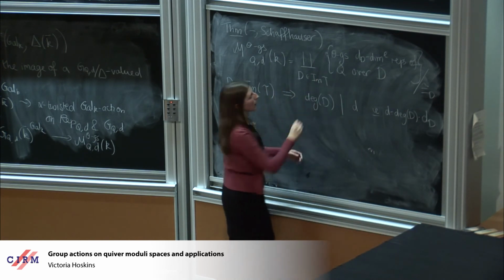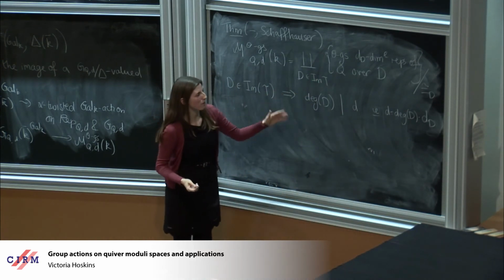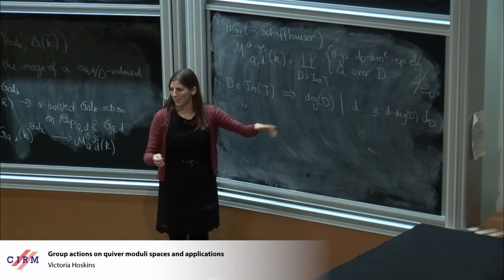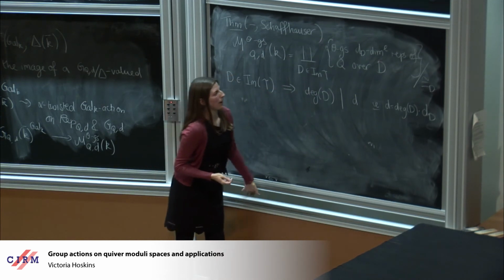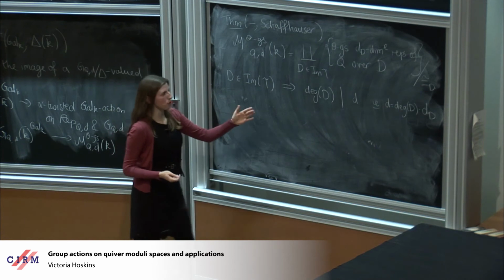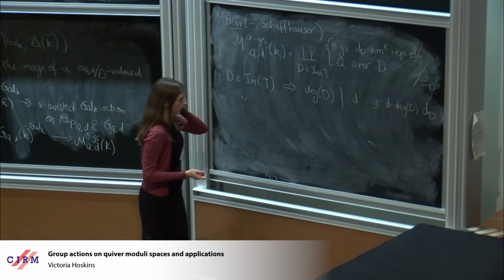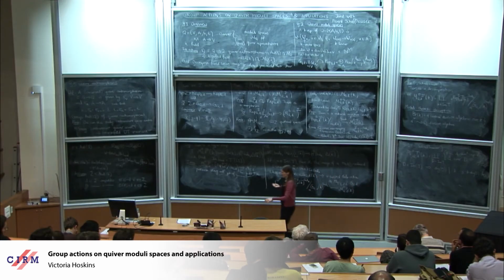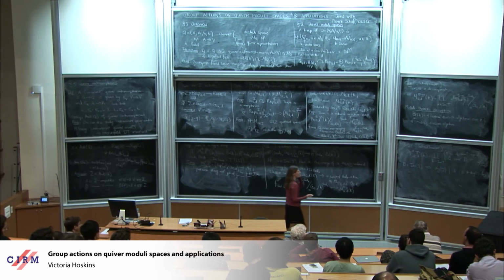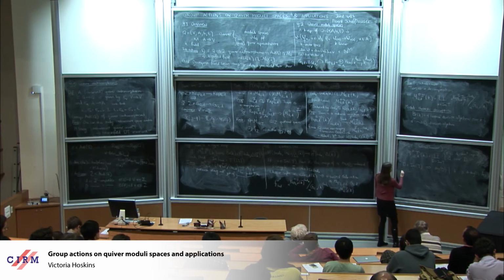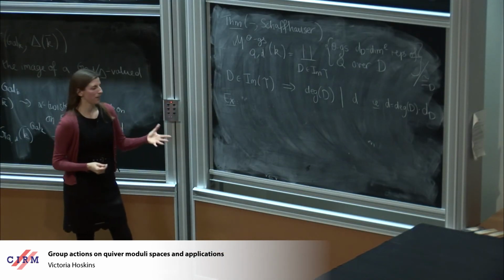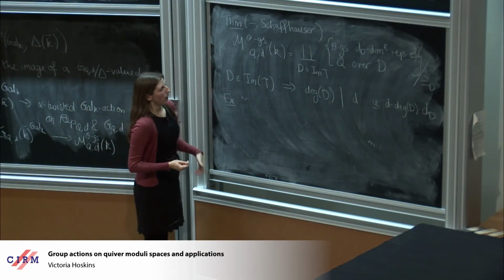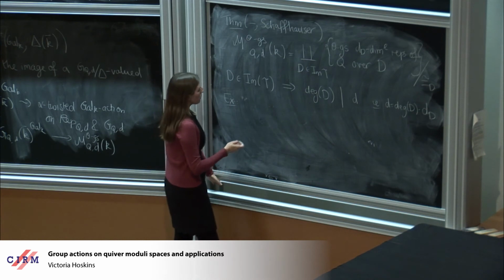I hope it's clear what I mean by a quiver representation over D. You can just do linear algebra just as well with division algebras as you can with fields. Oh yes, I wanted to explain one example, and in fact this was really the example that we were interested in at the beginning, but then we realized that because the theory is so simple, you can do it for basically any perfect field.